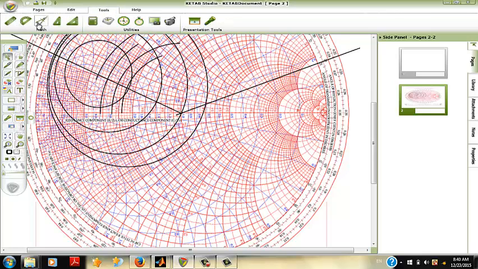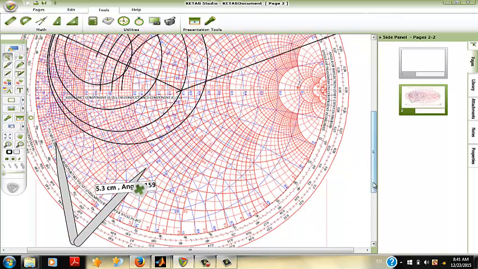Now, from the tools, we will draw the center, which is 0.484.